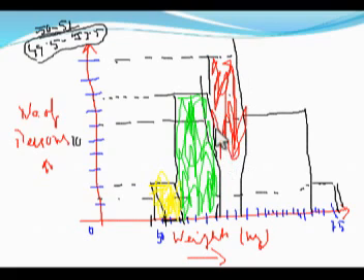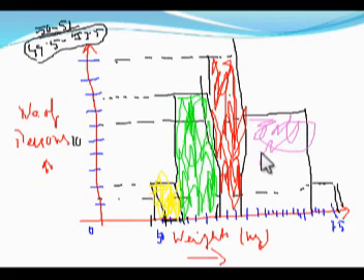So to draw this histogram, we need to transform class limits into class boundaries first. If you do so, then it is easier to get a continuous histogram. Otherwise, with class limits you cannot get a continuous histogram.